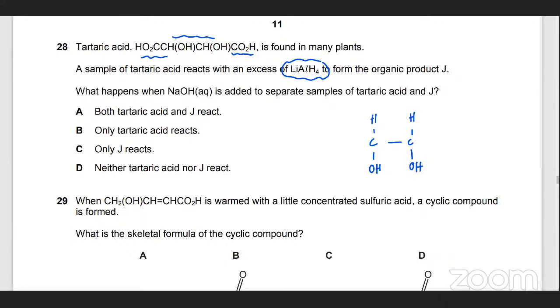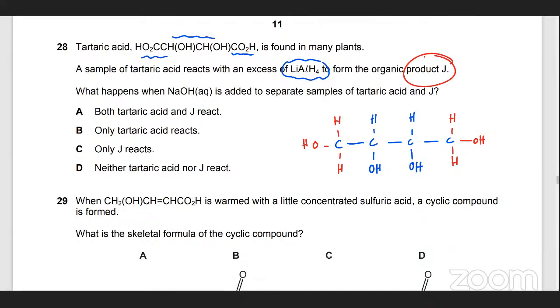And this side is carboxylic acid. The carboxylic acid would turn into an alcohol. This side is also carboxylic acid. So after reduction, it would turn into an alcohol, a primary alcohol. So it would turn into CH2OH. This would also turn into CH2OH. This is product J after reduction.